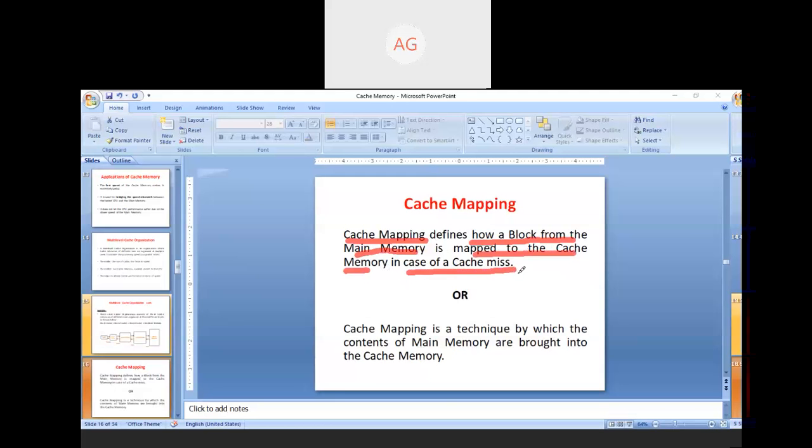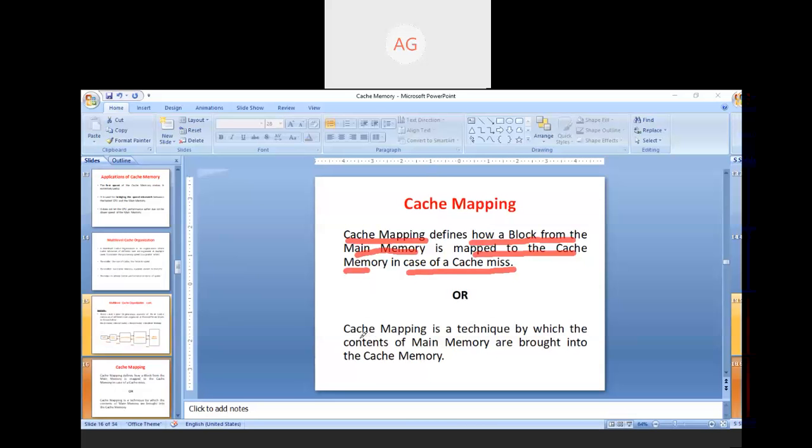A cache miss means the required word is not found in the cache. That's why we move to the next level in order to find that word. The mapping between the main memory and the cache memory is called cache mapping.